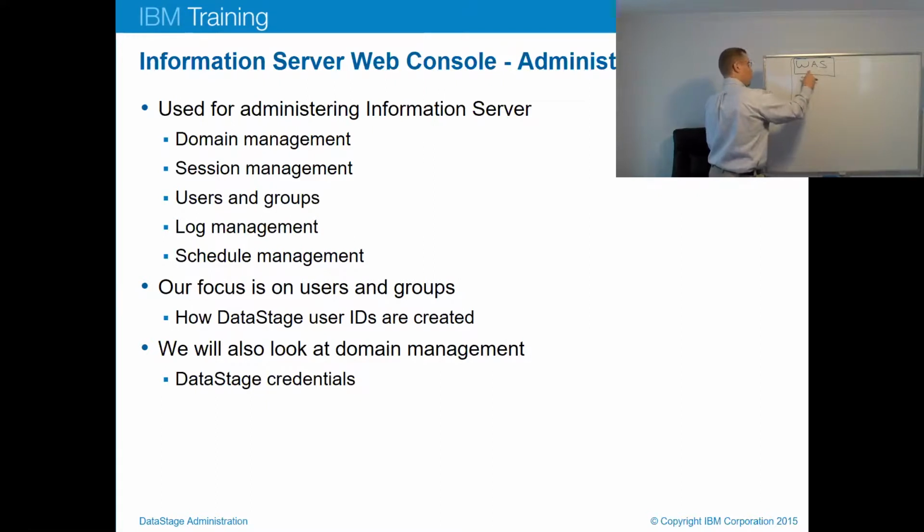We've got the WebSphere backbone. Let's assume everything on one box. They installed DB2 as part of the install, and so DB2 is going to serve as our metadata repository. And we've got our DataStage engine.